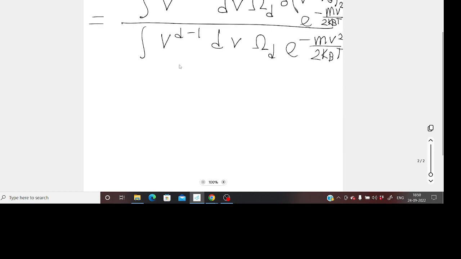So you can just cancel them from the denominator and numerator. Right? So this is now very simplified.